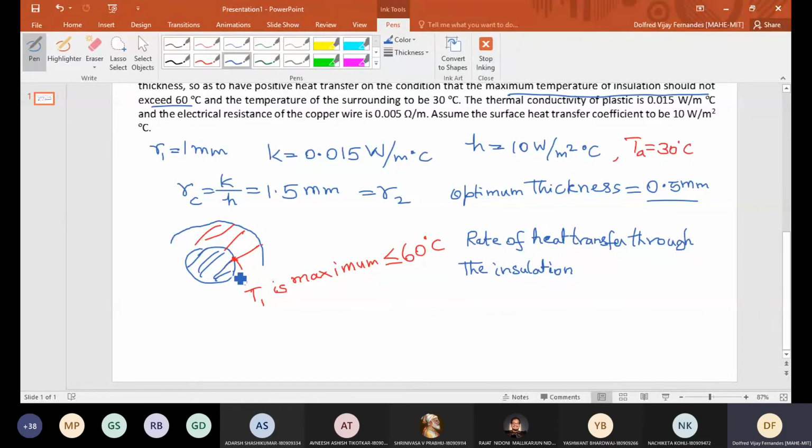Because we have two resistances. One resistance is for the thickness and the other is the convection resistance, RK and RH. The temperature here is 60 degrees maximum, and here is the atmospheric temperature TA, 30 degrees.